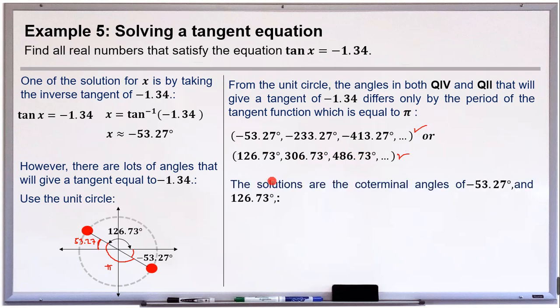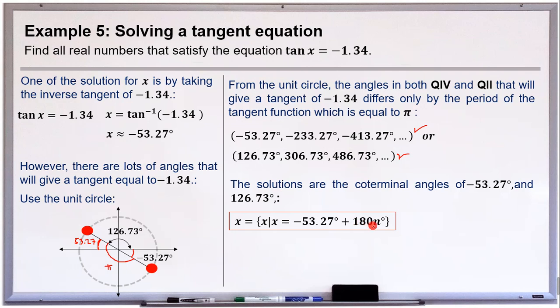But if you want your answer to be in equation or expression form, refer to this next step. The solutions are the coterminal angles of negative 53.27 degrees and 126.73 degrees. In notation form, you can start with negative 53.27 degrees, then you add 180 degrees, because both of these two locations differ only by an angle of 180 degrees.